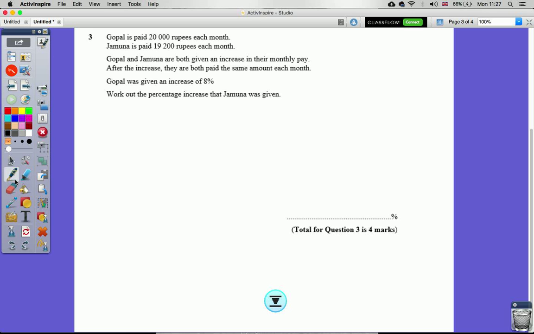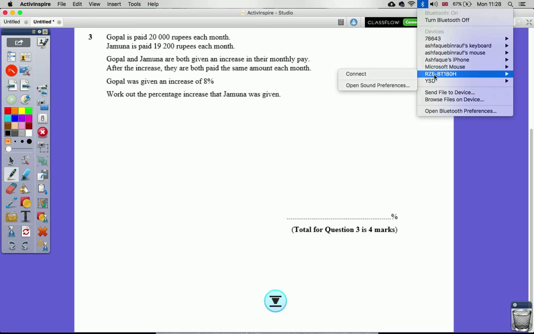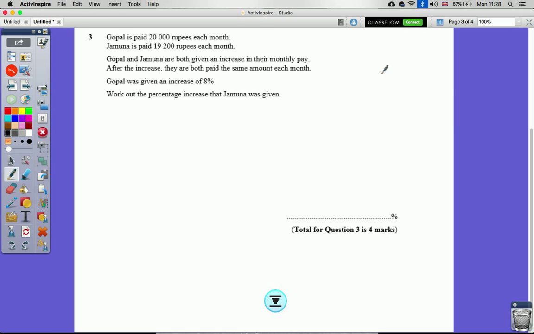So, okay, here Gopal is paid 20,000 rupees each month.